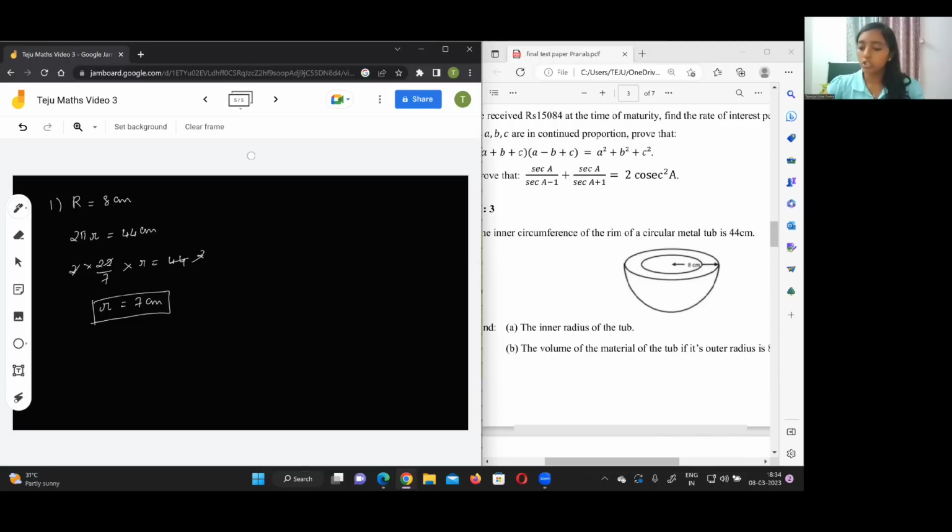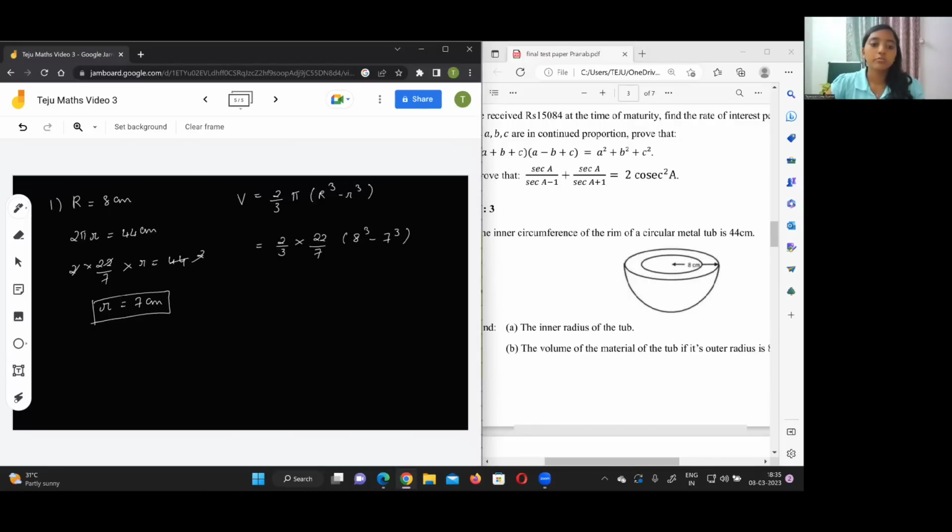So they're asking you the volume of the material. So volume of the material would be nothing but 2 by 3 pi capital R cube minus small r cube, which is nothing but 2 by 3 into 22 by 7 into 8 cube minus 7 cube.